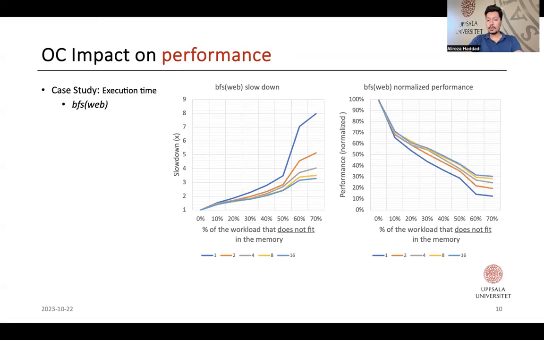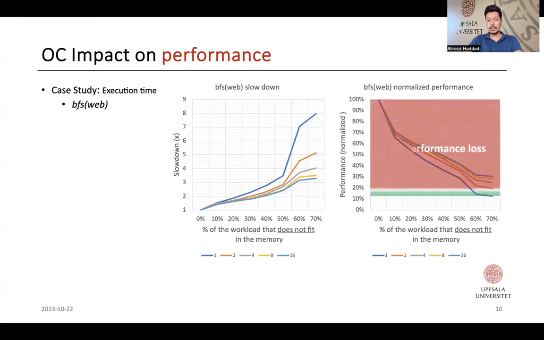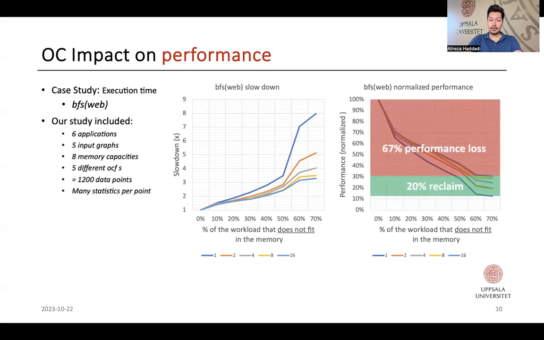However, if we overcommit, we can decrease the performance loss to only 67%. In other words, we reclaim 20% back from the performance.